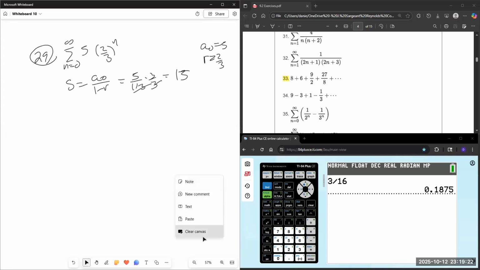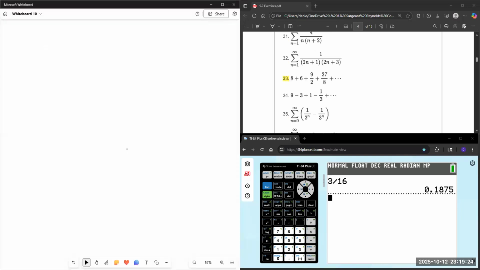Number 33. See if we can establish a pattern here. So this is 8 plus 6 plus 9/2 plus 27/8. It looks like I'm multiplying by 3/4 each time, starting at 8.